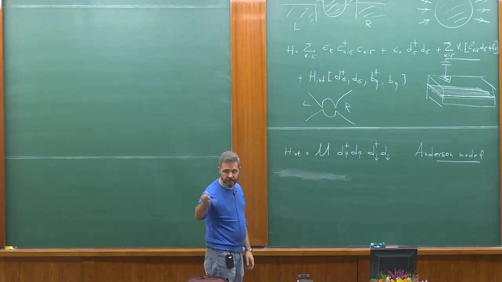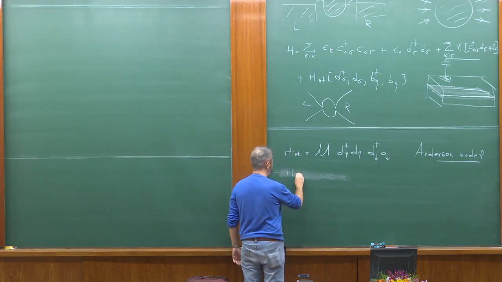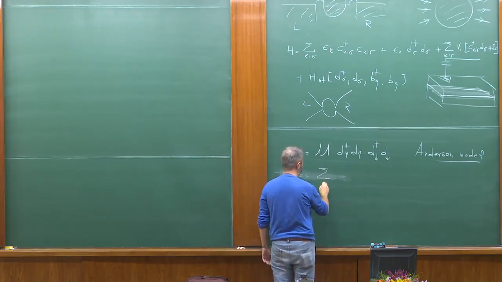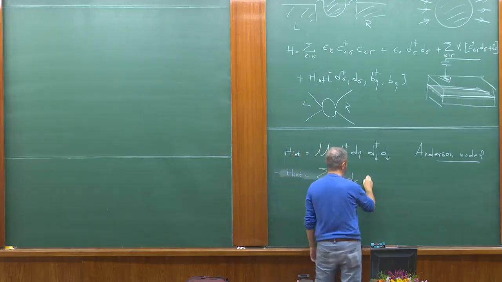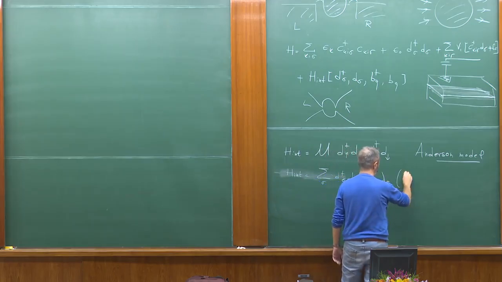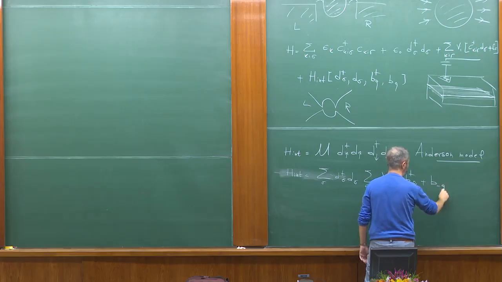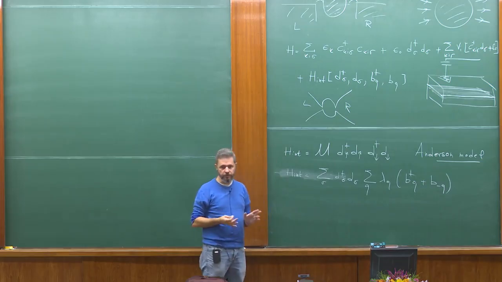Now, another model, just to answer the question that Shamik asked, could be the following. You just say, okay, well, let me add some sum over sigma, d dagger sigma, d sigma, and then sum over q, lambda q, b dagger q, plus b of minus q. So this is essentially a rough version of electron-phonon interaction.